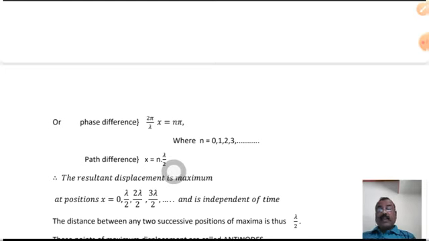The two waves are said to be at antinode. The condition should be: phase difference is an integral multiple of pi, or the path difference is an integral multiple of half of its wavelength.